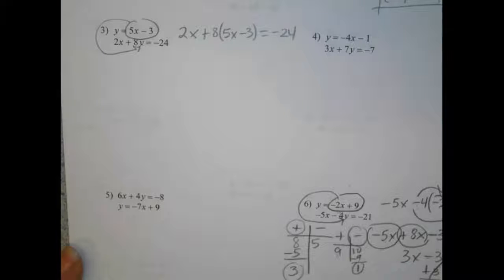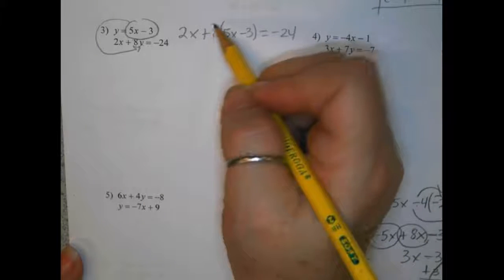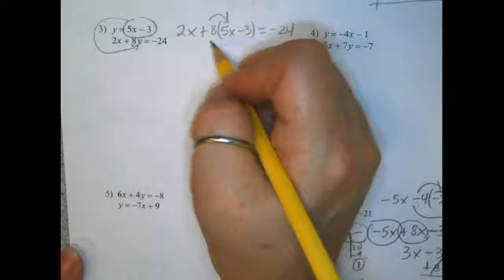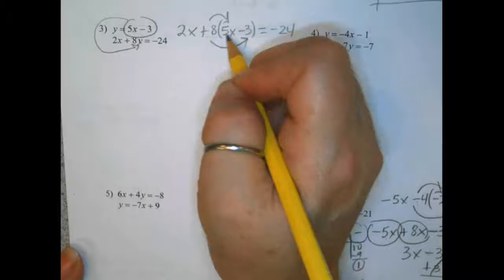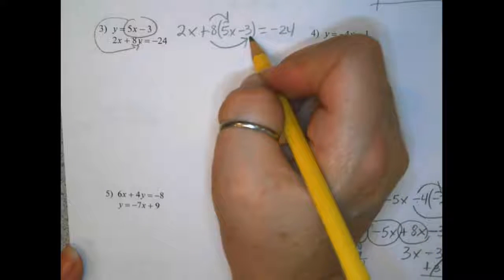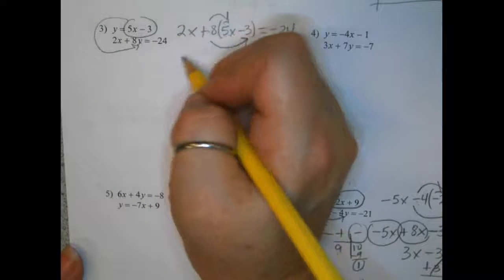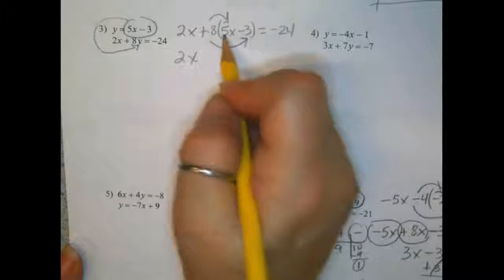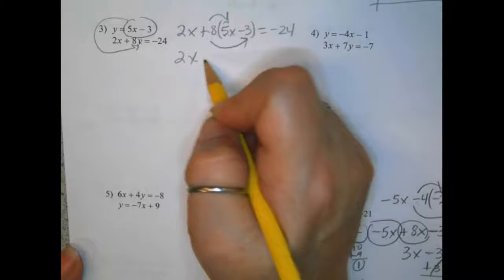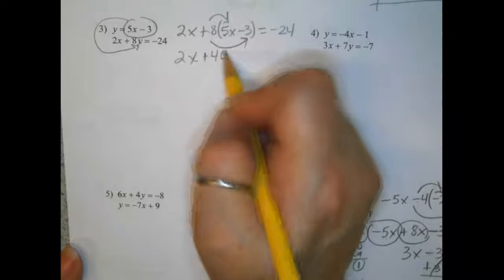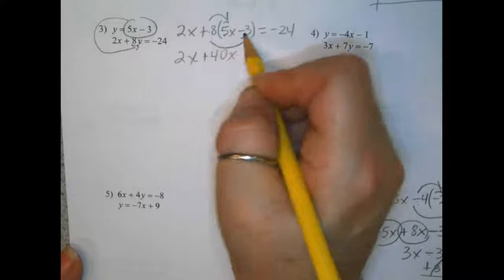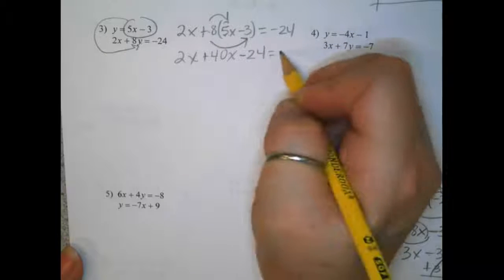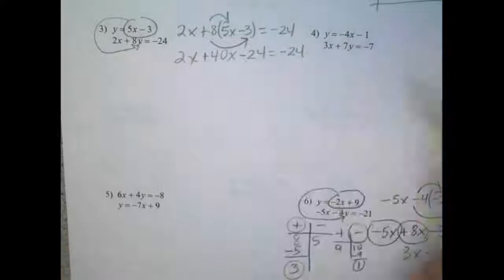I'm going to use my distributive property here to multiply 8 times a 5x and 8 times a negative 3. My 2x isn't involved in that, so I can just bring it down. 8 times 5 is a positive 40. My x tags along, gives me 40x. 8 times a negative 3 is a negative 24, equals a negative 24.